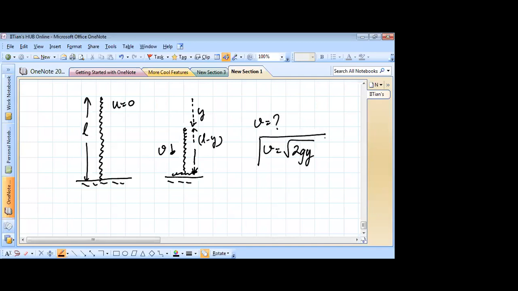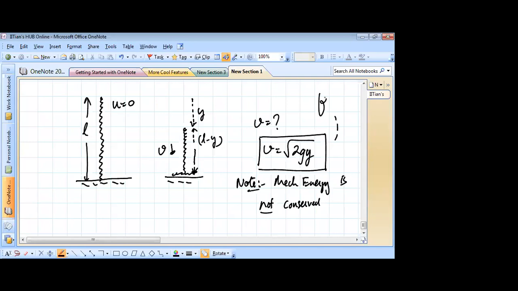And this will not come by energy conservation. Mechanical energy is not conserved. Okay. Rather, there is free fall through a displacement of y.